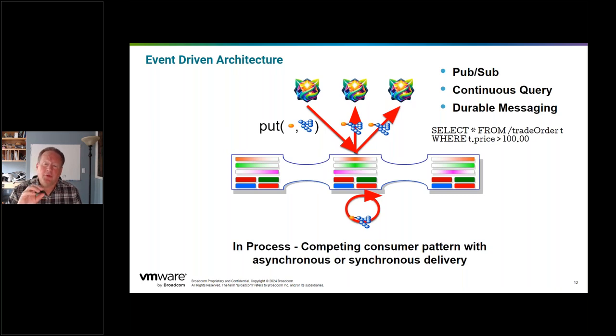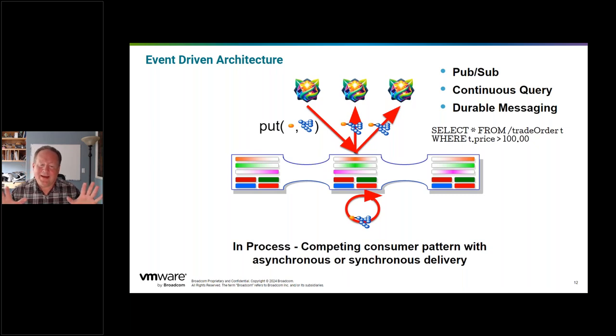They could also, all those listening things I just talked about, they could also be durable, right? So the worker might have crashed because it's not as good as GemFire. Just kidding. But you get the idea. If your system crashed for whatever reason, maybe it was just a rolling upgrade and it needed to be taken out, GemFire can actually keep all the durable messaging, all those events durable for you.